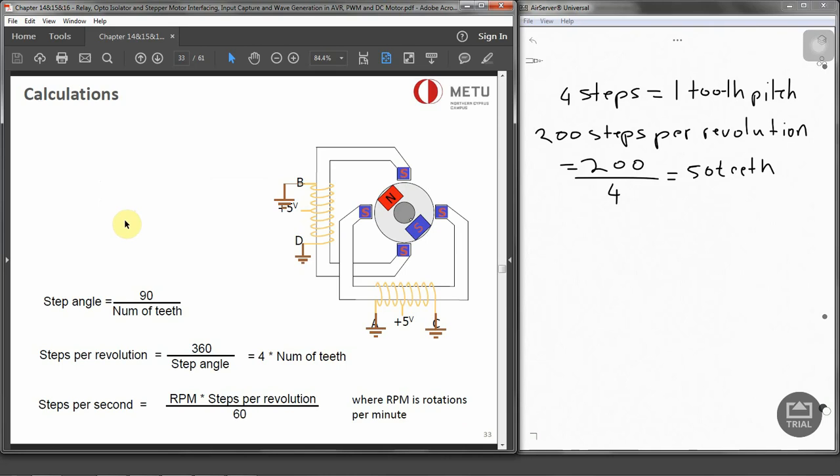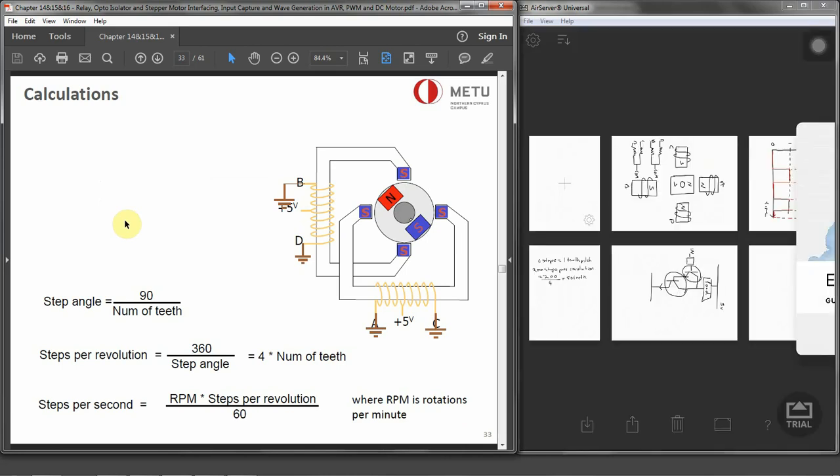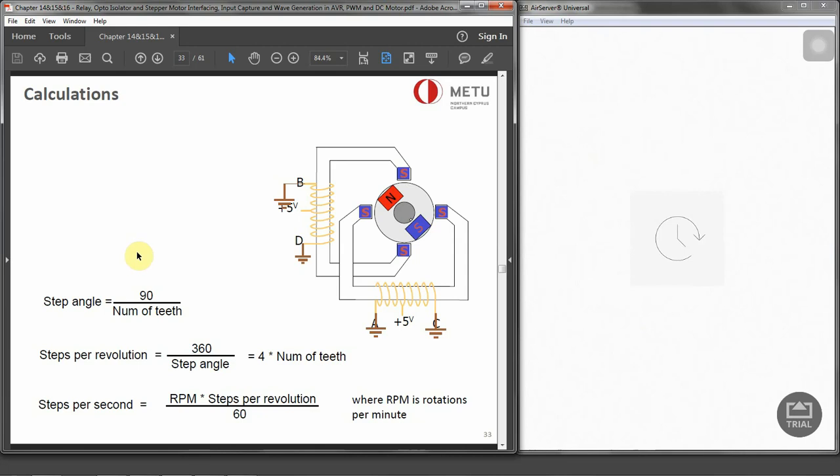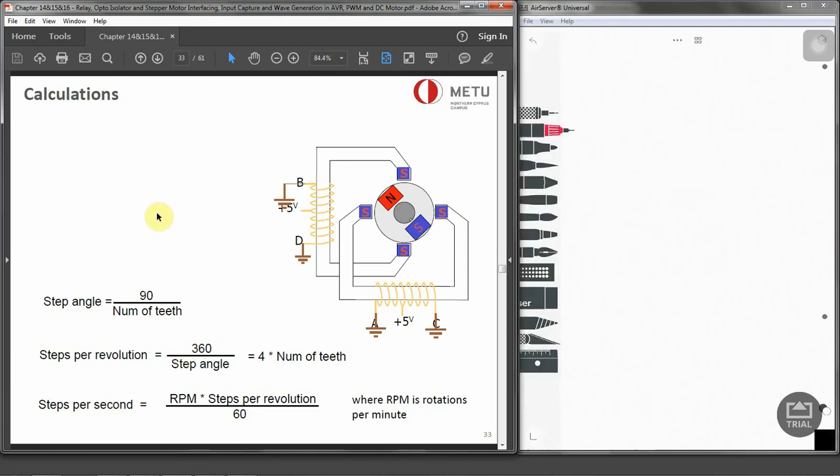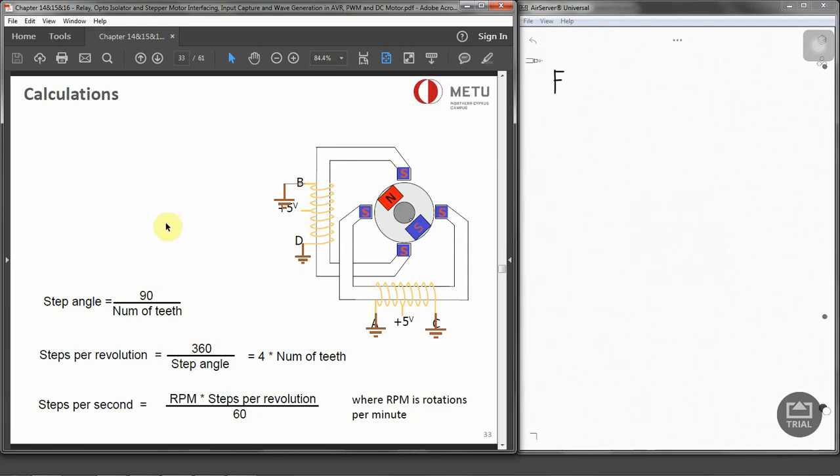Now I'll do an example about the calculation of these rotations and movements. So the example says, give the number of times the 4-step sequence must be applied to a stepper motor to make an 80-degree move.